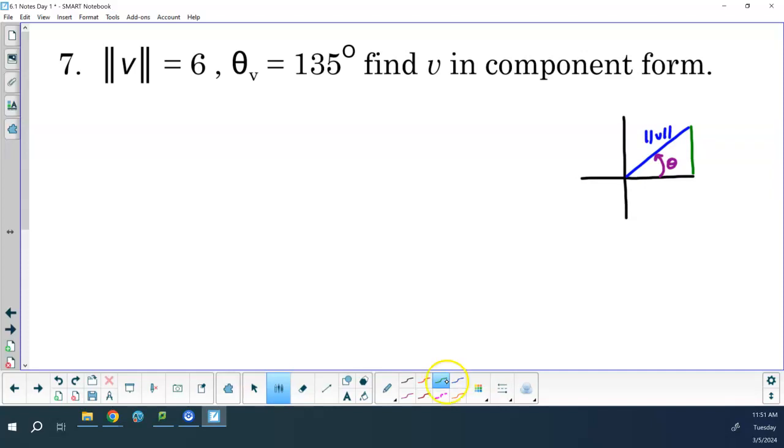If I need to solve for this side, that's going to be the sine. So x there is going to equal the magnitude times the sine of my angle. Oops, I should have put x down on the bottom. Capital L breaks. Come on, Lindsay. Think ahead.